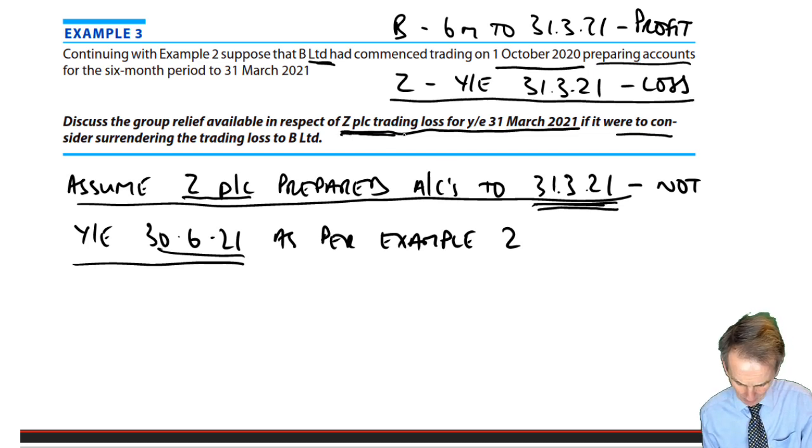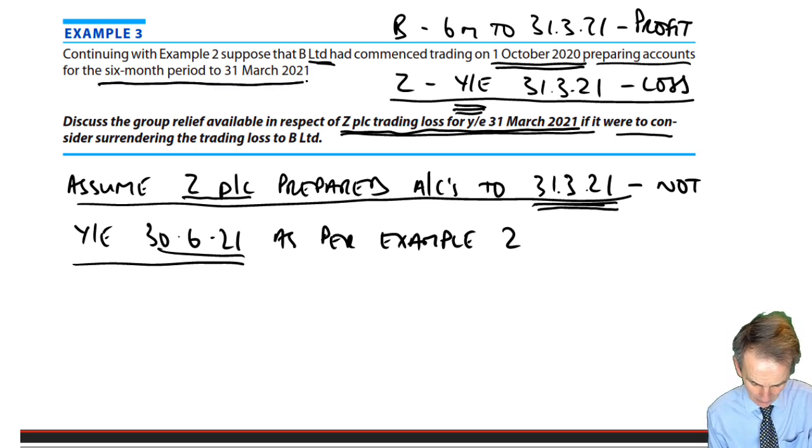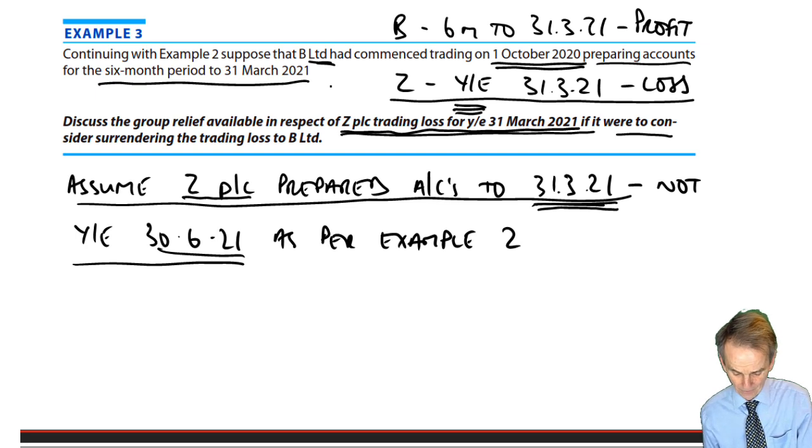And we were then introduced to the fact that B Limited, its subsidiary company, rather than having prepared accounts for the same year end, had only started to trade on the 1st of October 20, and then prepared accounts for a 6-month period to the 31st of March 21, in which it made a profit.